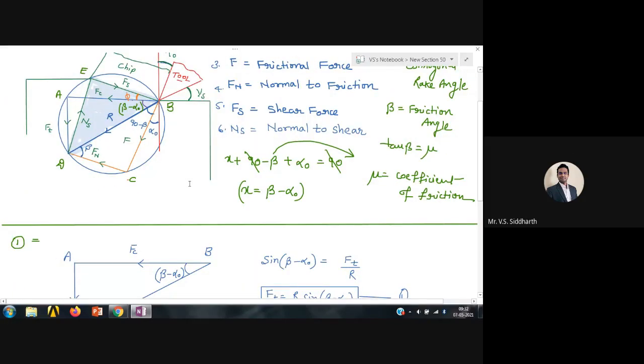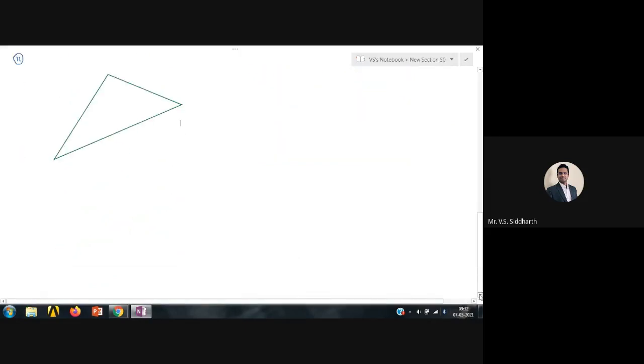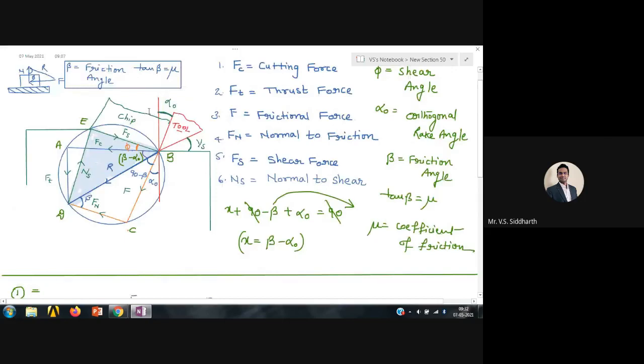This is E, this is B, this is D. So in this EBD, what will be this angle?